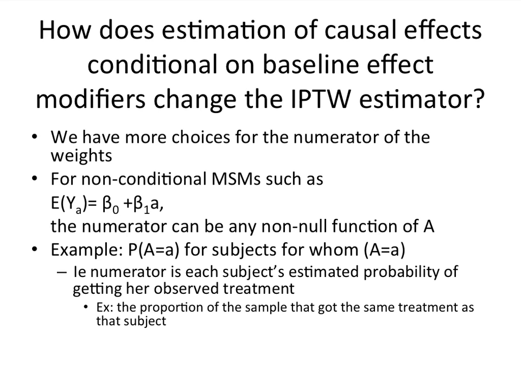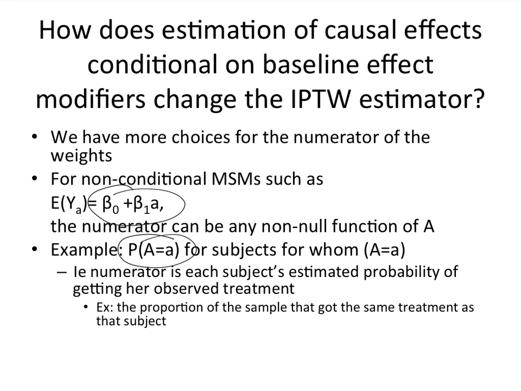So for non-conditional MSMs, that means I don't have a V in there. I'm just looking at the marginal mean. Really, this is the mean in the whole population, how it changes as a function of interventions on A, as they change. The numerator in those weights can be any function of A, and this is a very common one we used, right? Because again, if you think of it no longer as the truth but a projection, for one, it makes sense to weight things higher if you have more data there.